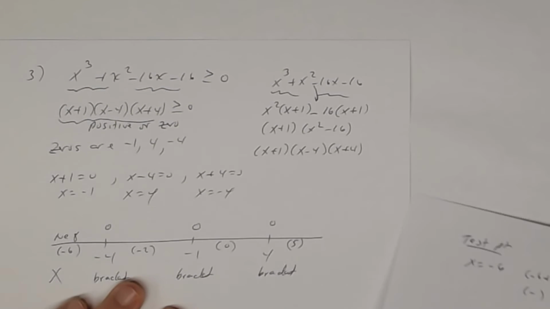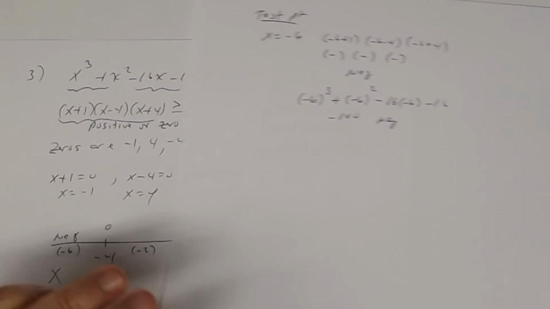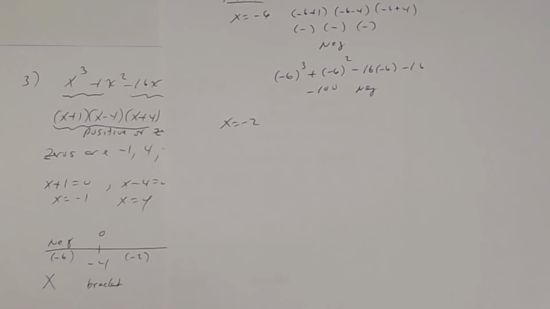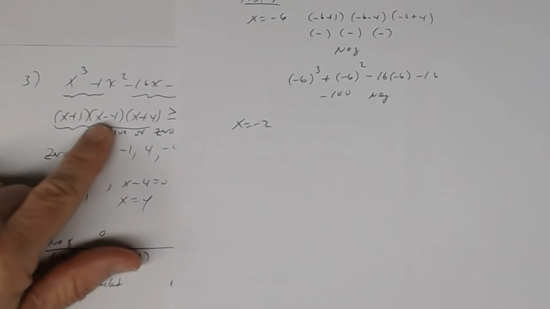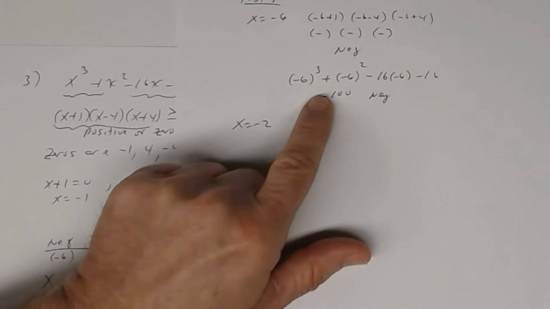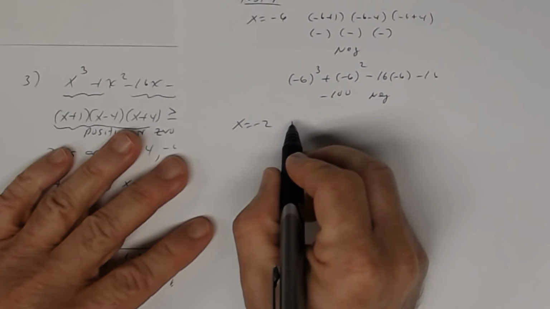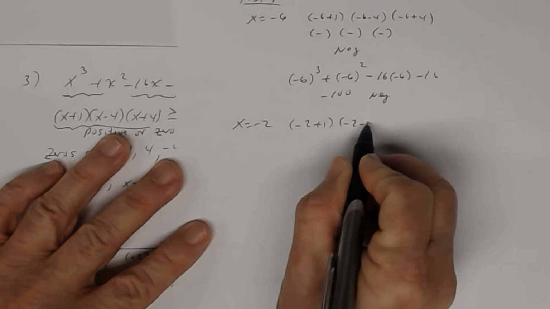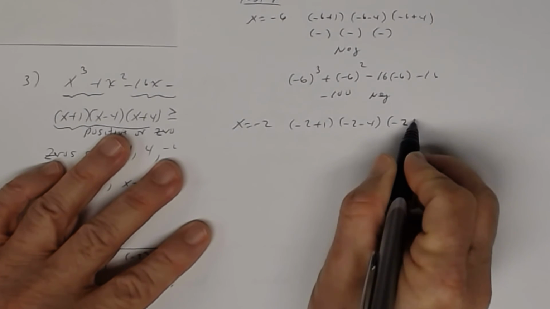Now let's go ahead and do the next one, test point -2. If x is -2 as my test point, I'm just going to use the factored part. If you want to use the original, use your calculator, but be careful. So if x is -2, I get -2 plus 1, -2 minus 4, -2 plus 4.